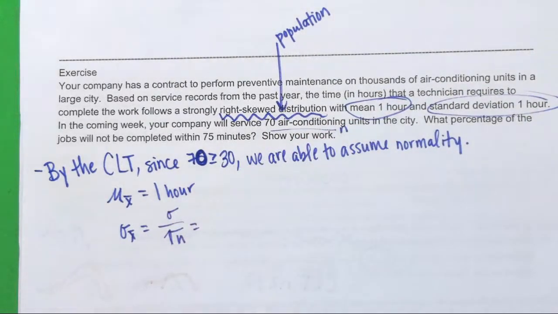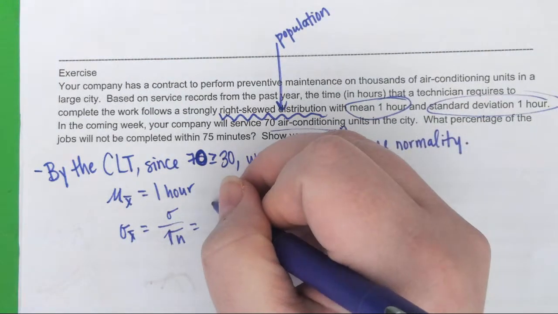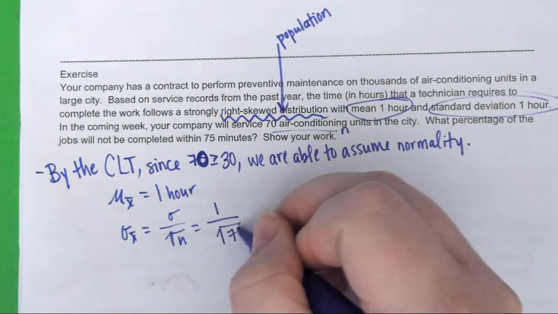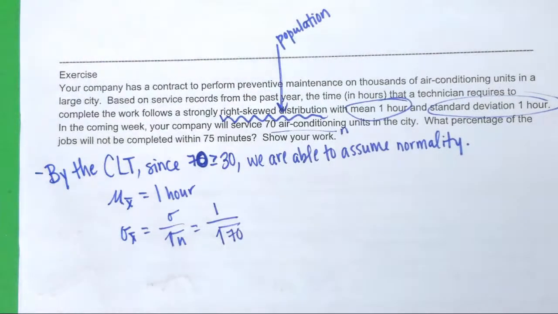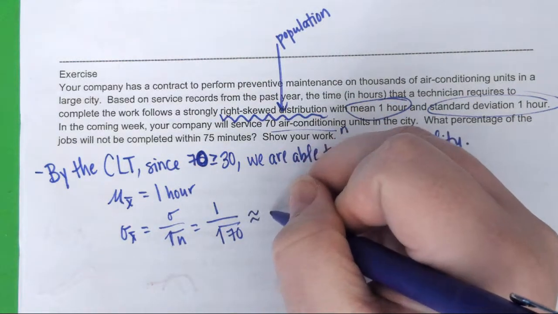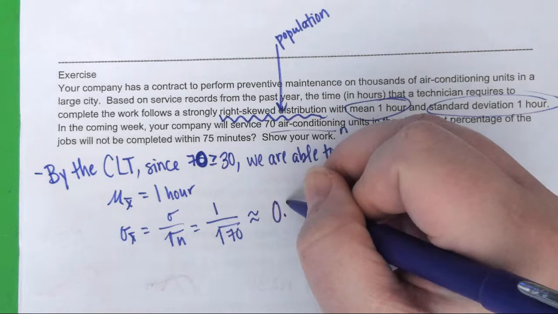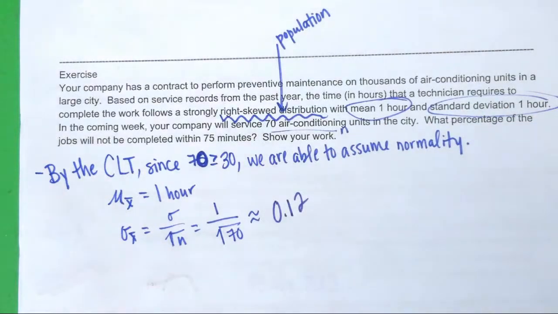We're told that our standard deviation is 1 hour, and our sample size is 70, so 1 over square root of 70, which is 0.12. Okay, cool.